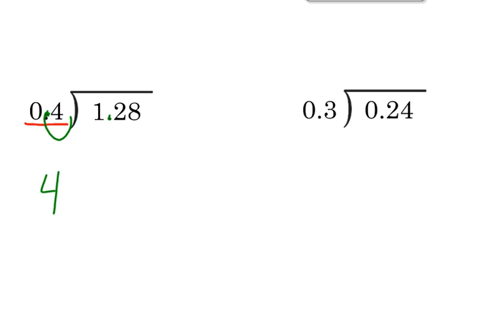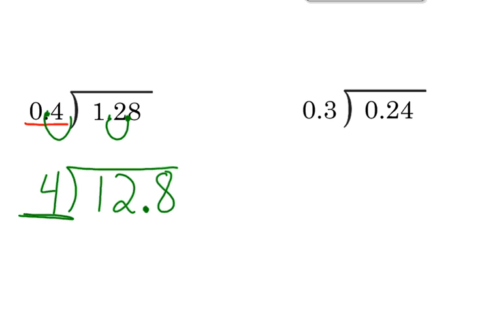So I start here, and I move it over 1 place value. And so in the end, the problem becomes 4, which is the divisor, and 12.8, which is the dividend. And now I can divide. I have got rid of the decimal out here in the divisor, so I can divide.